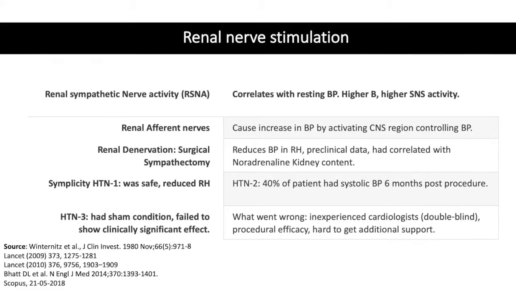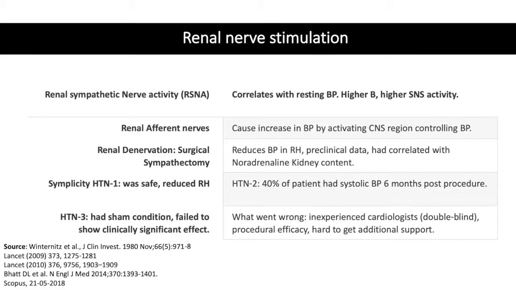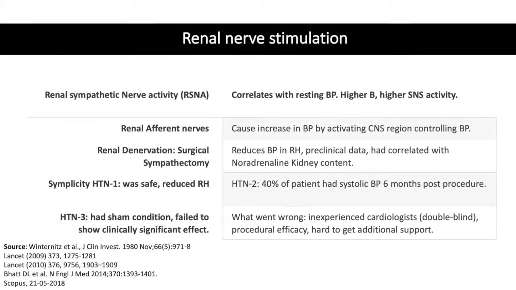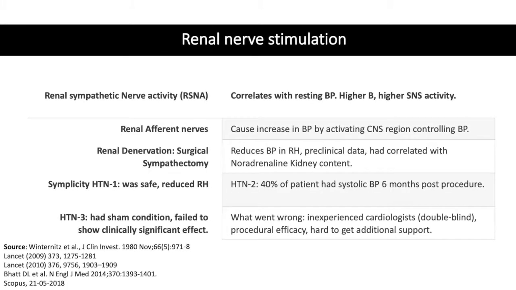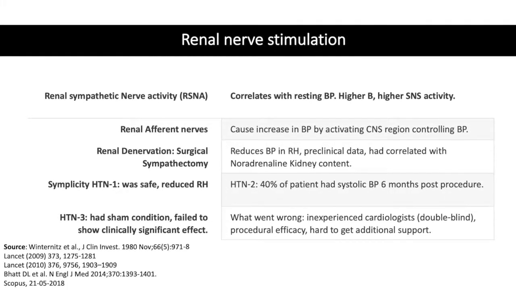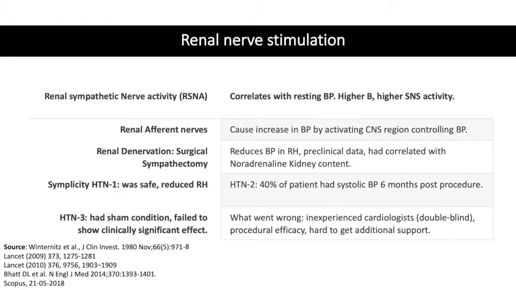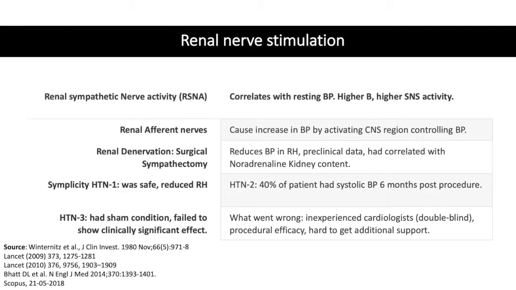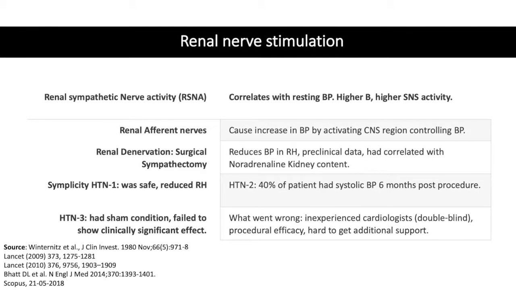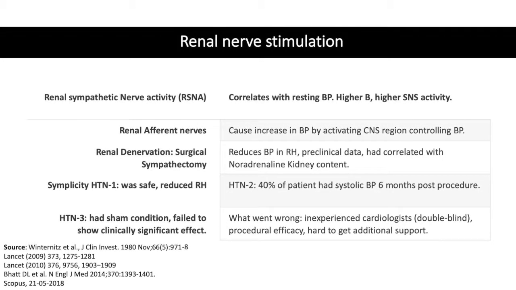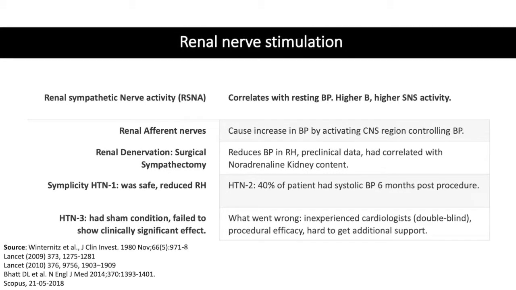HTN3 had a sham condition, and as a result, it failed to show clinically significant effects, since the sham helped to control for anything that might otherwise just be accounted for by a placebo. So what went wrong? Well, this study probably was not effective due to inexperienced cardiologists, since it relied on a double-blind study. This had reduced procedural efficacy, and it was hard to get additional support.